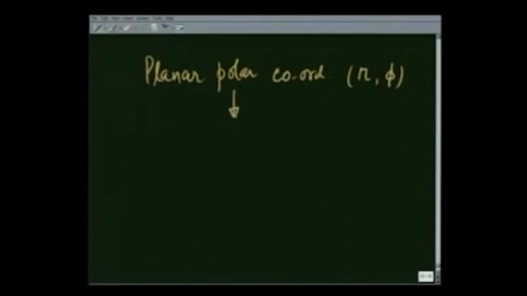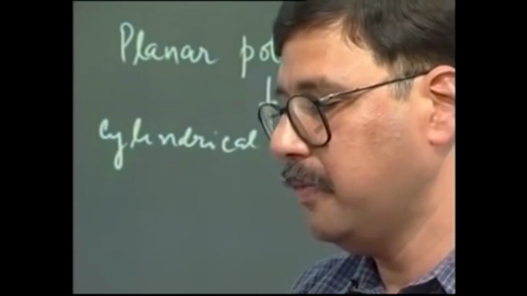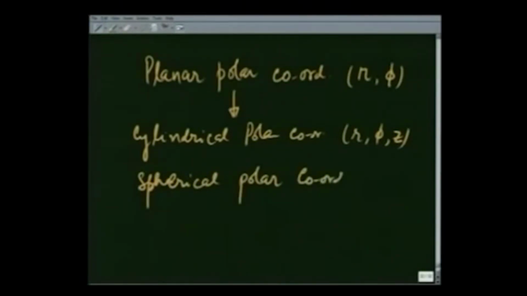We extended this to cylindrical polar coordinates, in which I use r, phi and z as my coordinate system, and we also used spherical polar coordinates in which I use r, theta and phi as coordinates to describe the distance or the displacement of a particle.